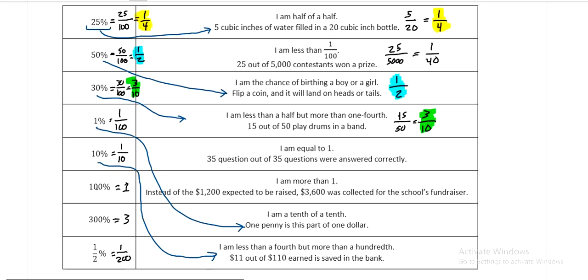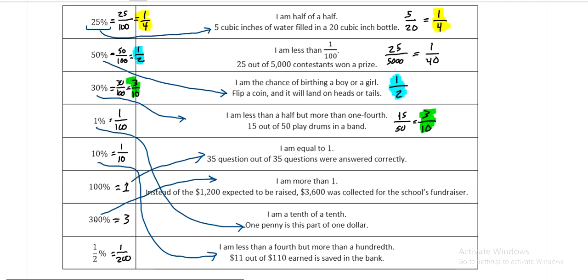All right, 100%. 100% matches up with that statement right there. I am equal to 1. Well, that was pretty easy because we found out it is equal to 1. 100 divided by 100 is equal to 1. All right, 300%. 300% matches up with that statement right there. I am more than 1. Instead of the $1,200 expected to be raised, $3,600 was collected for the school's fundraiser.